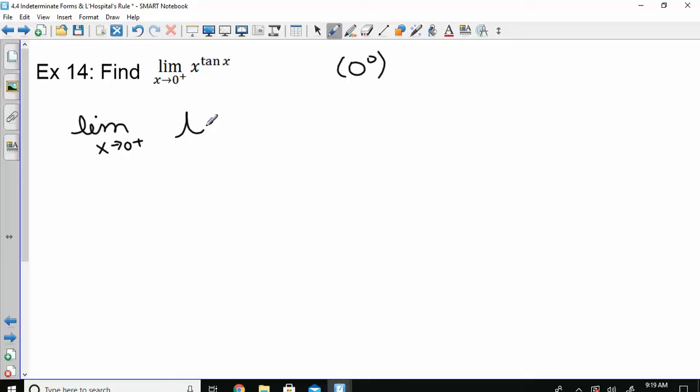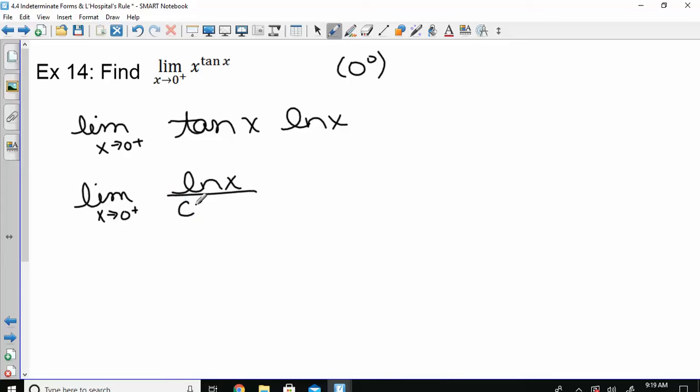When we do that, can I go ahead and just drop down that tangent? Okay, we need to write this as a quotient. So it would probably be easiest to move the tangent to the bottom. What would that become then? Cotangent.